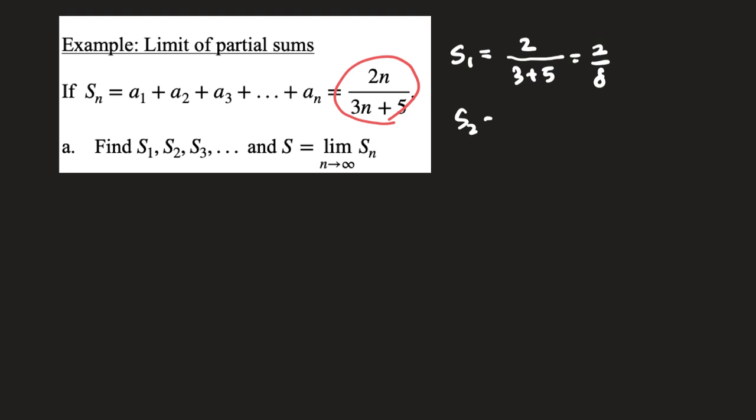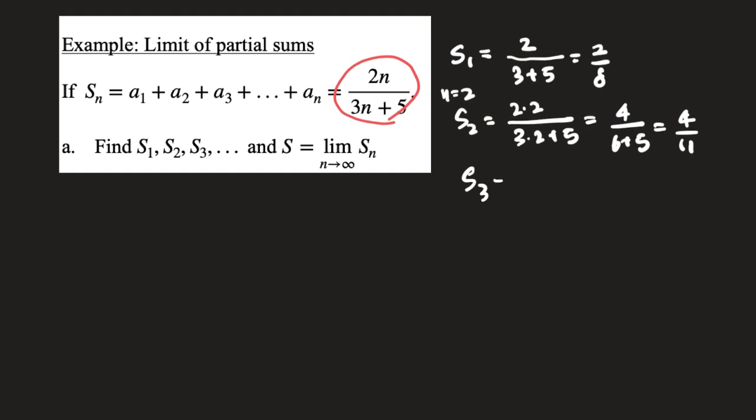S2, plug in n equal 2, is 4 over 6 plus 5, 4 over 11. Everybody make sense? So what is S3? With n equal 3, it's 6 over 9 plus 5, 6 over 14.